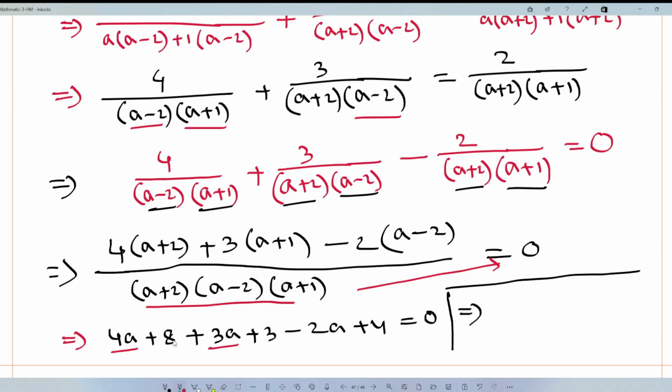So here is 7a minus 2a, it means 5a, right? 8 plus 3, 11, 11 plus 4, so it will be 15. So plus 15 equals 0. So 5a equals to minus 15. So a equals to minus 3. Okay, this is our answer.